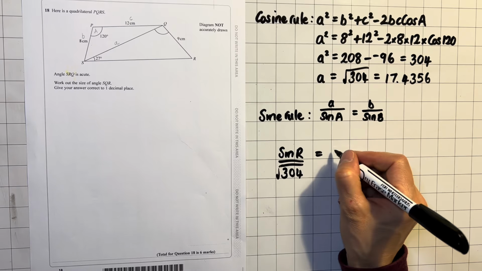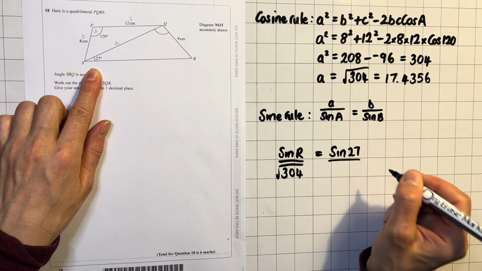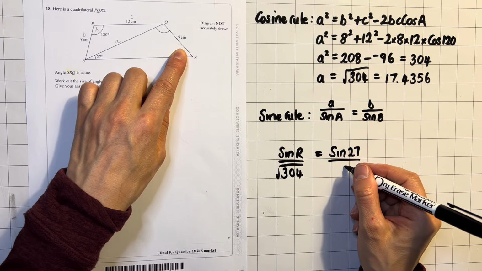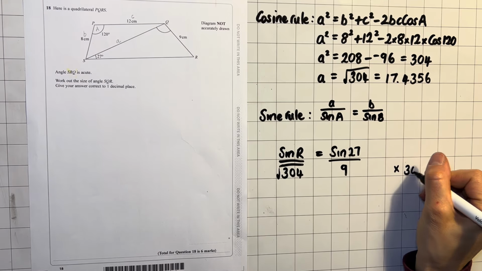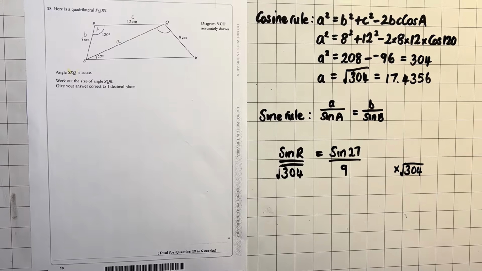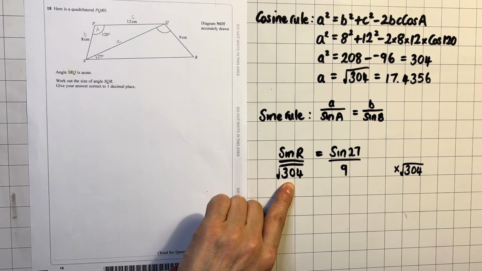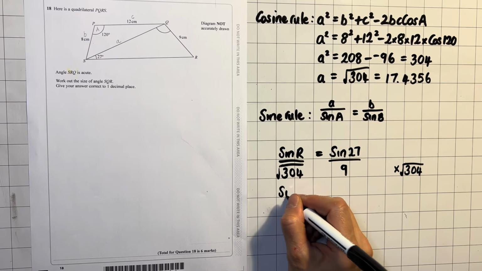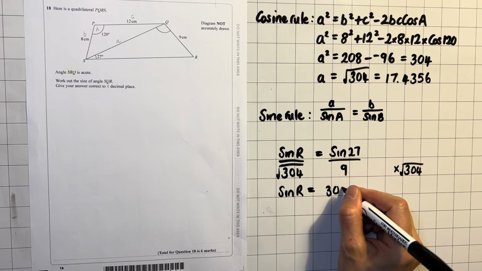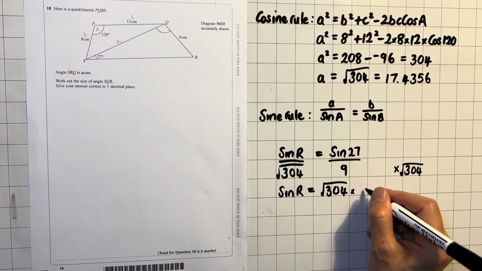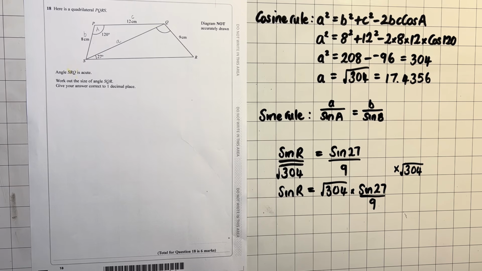And we know that that is equal to sine of the angle 27 over its opposite length 9. If we multiply both sides by the square root of 304, the square root 304 on the left hand side will cancel out, leaving us with sine R. And on the right hand side we will multiply the sine 27 over 9 by the square root of 304.